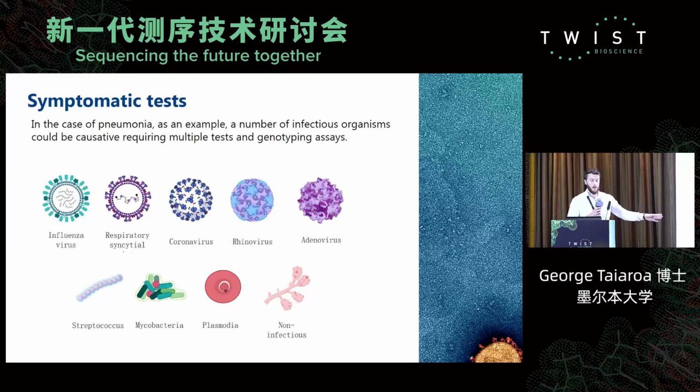Some rare pneumonias are caused by plasmodia, and you could even have a non-infectious pneumonia. So someone that doesn't necessarily have a pathogen, but has, you know, an autoimmune condition or something similar that is giving you the same symptoms. And so what we're aiming to do is using a culture-independent approach to be able to say which of these is the right answer really quickly, as that can inform treatment and make sure that those patients are able to access care.